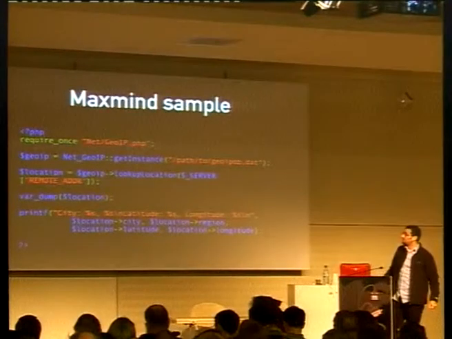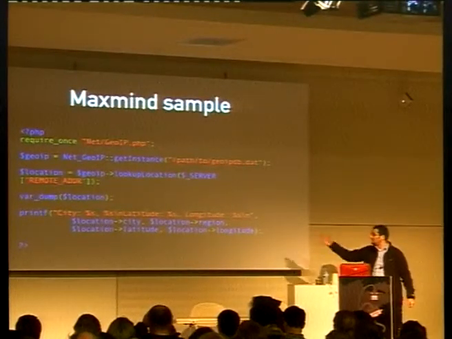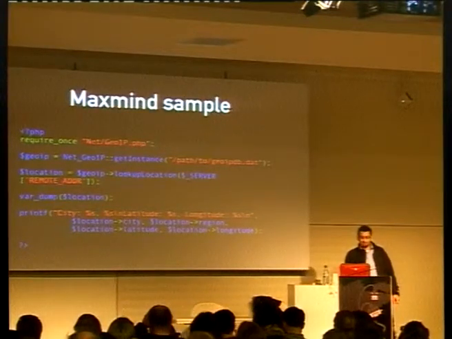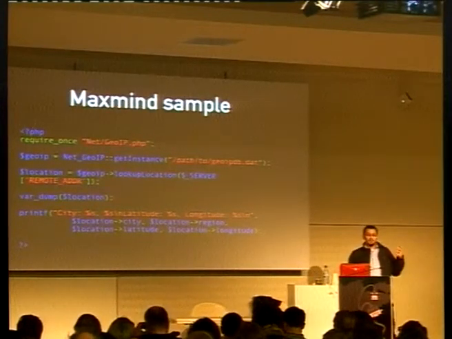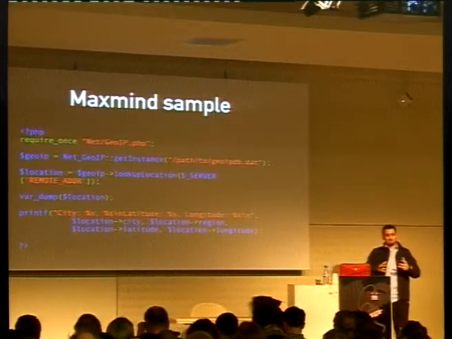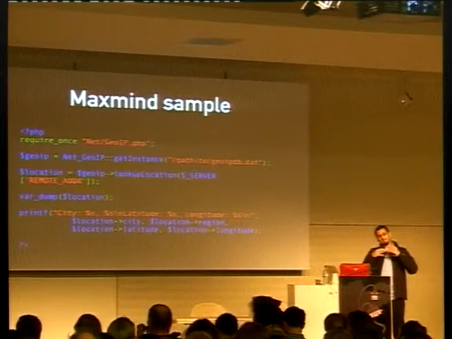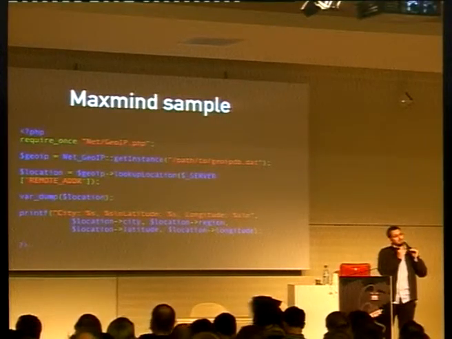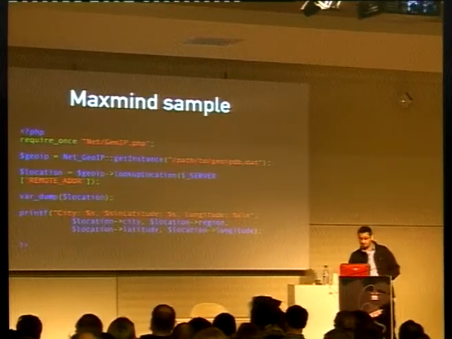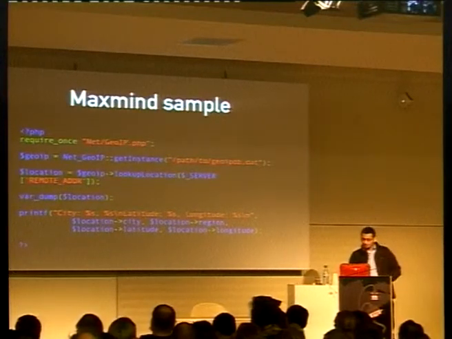And then you have the location: latitude, longitude, region, city, everything is here. It's extremely simple. Now, Skyhook Wireless used, I think, MaxMind to bootstrap and to fill up the gaps where their cell phone tower and BSSID database was not accurate enough. So, it works very well together.